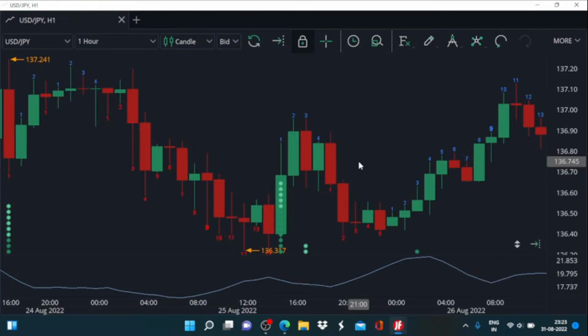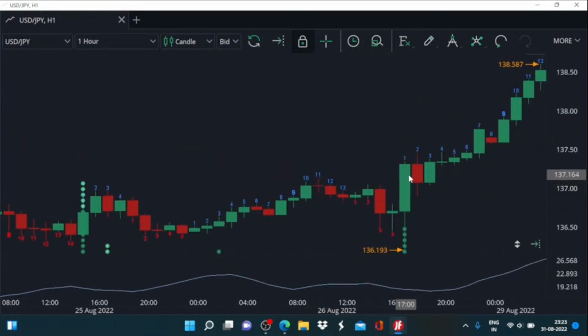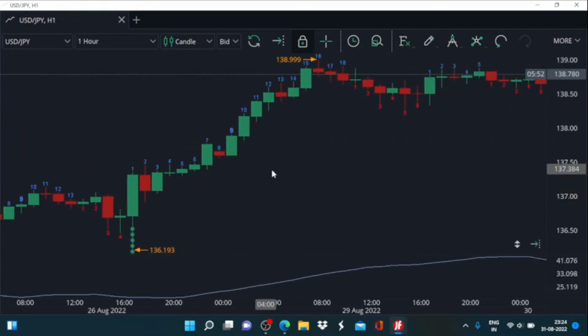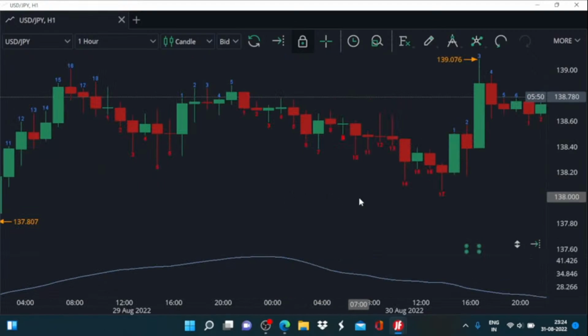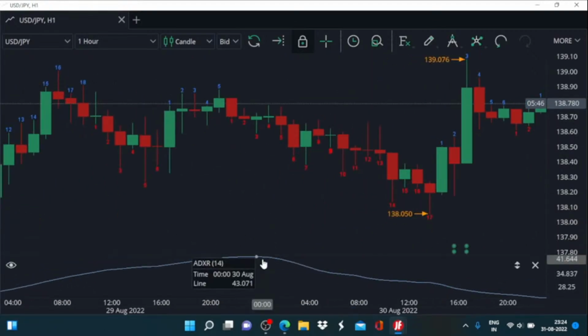That's how we use this indicator to look for trades in a financial market. So it's fairly simple. It's similar to the ADX. As I said in my introductory remarks, it is only a smoother version, a refined version of the ADX indicator.